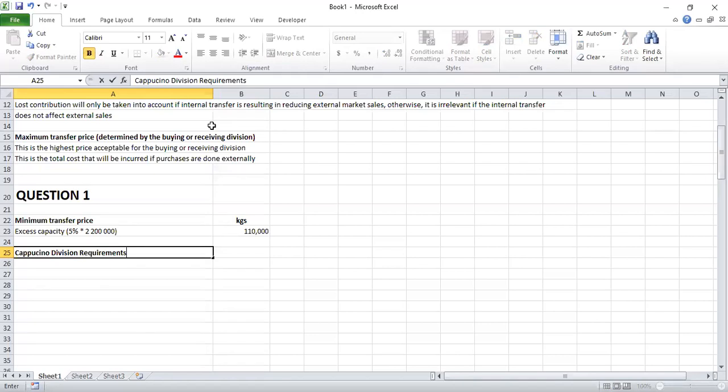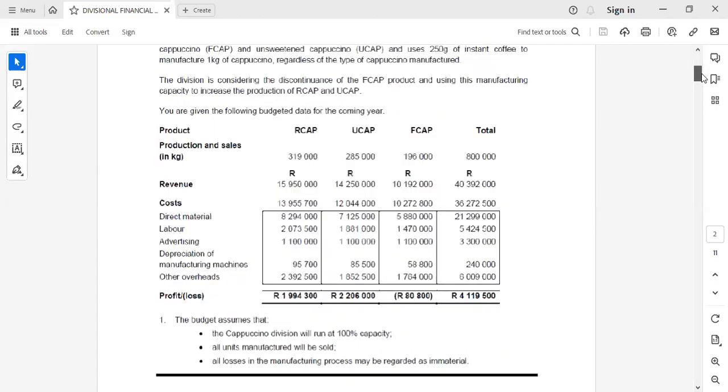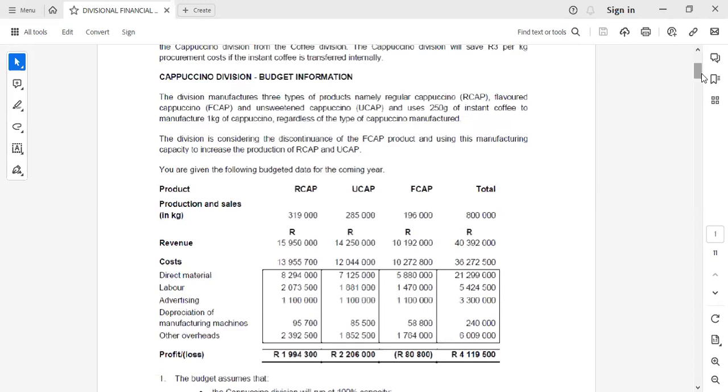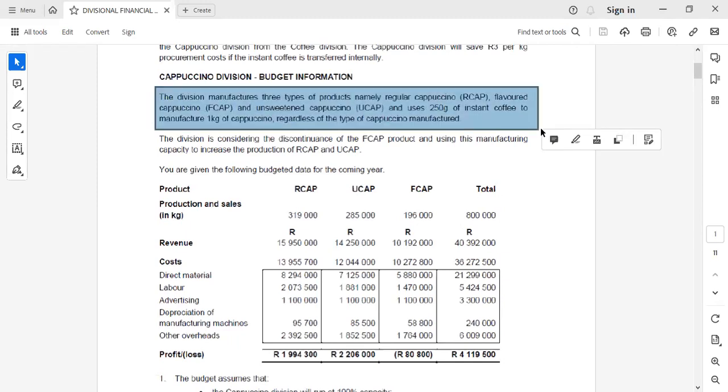Now let's read. The division manufactures 3 types of products, namely regular cappuccino, R-cap, flavored cappuccino, F-cap, and unsweetened cappuccino, U-cap, and uses 250 grams of instant coffee to manufacture 1 kg of cappuccino, regardless of the type.